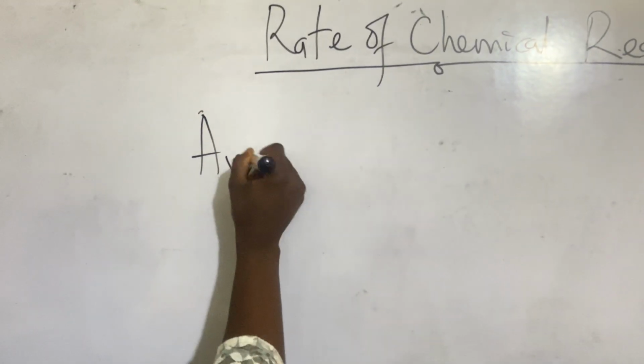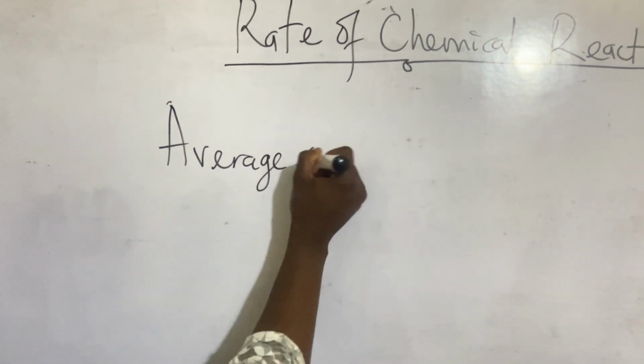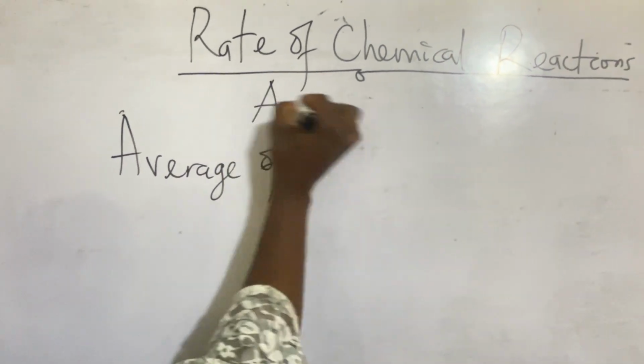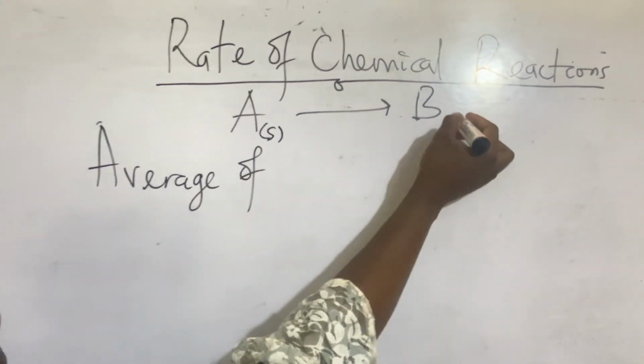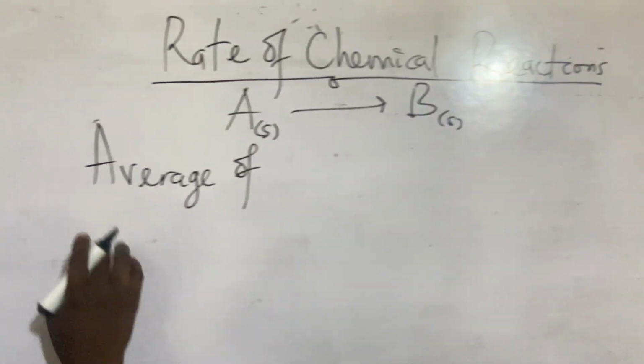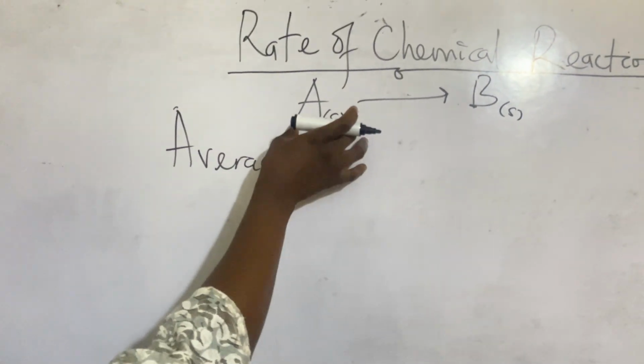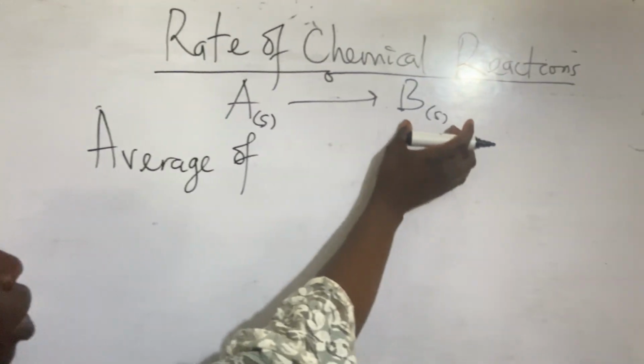the average rate. If a reaction A will give us B, A will be the reactant and B will be the product. So what will be the average rate of A and the average rate of B?